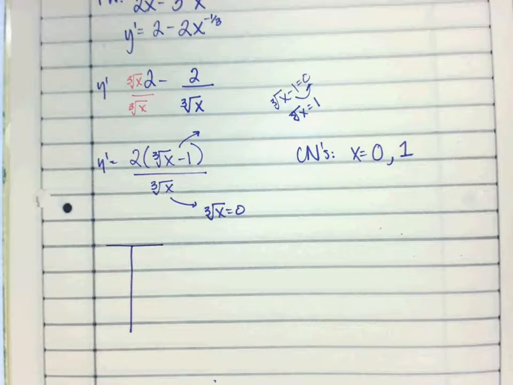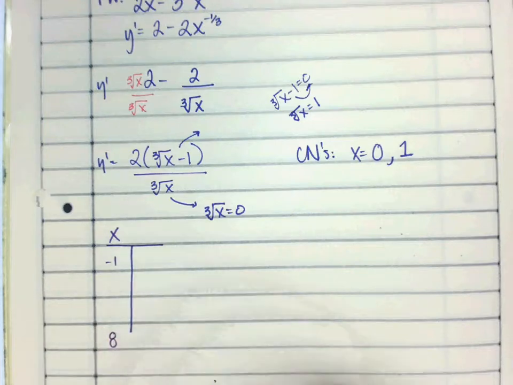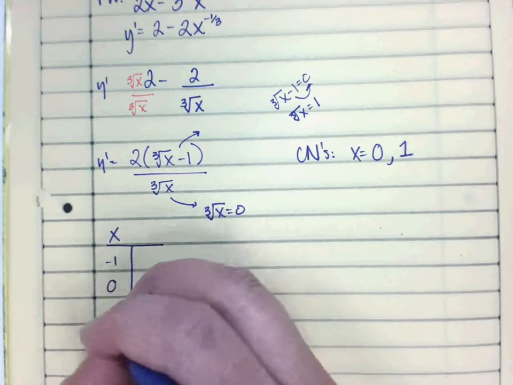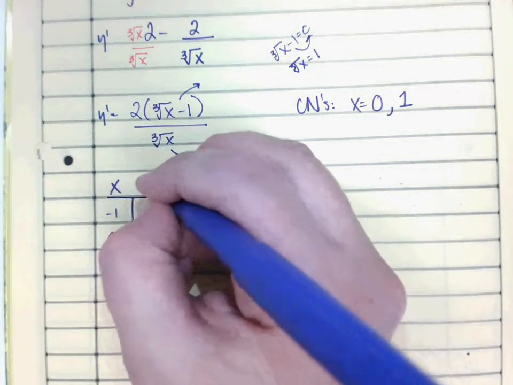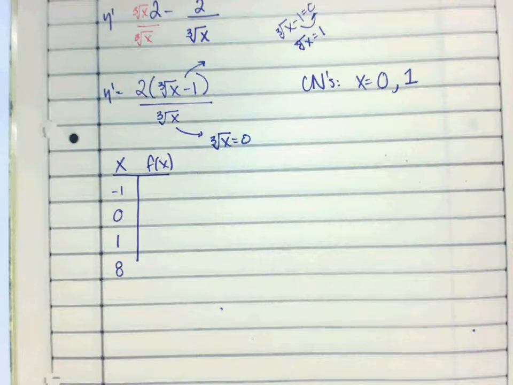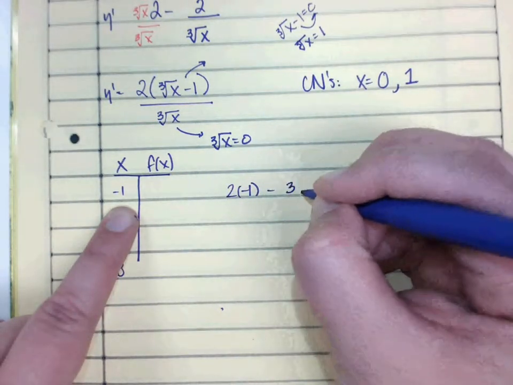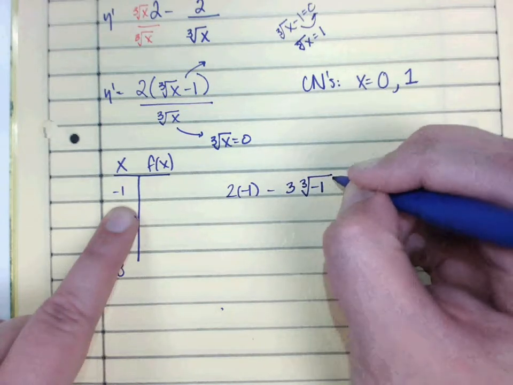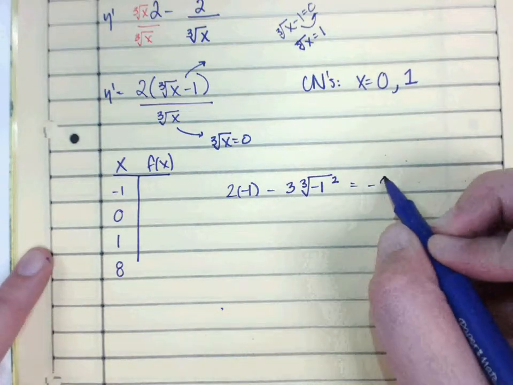Now, my endpoints are -1 and 8. What are my critical numbers? 0 and 1. And remember, you are plugging into regular f of x, not the derivative. So let's do -1 first. I have 2 times -1 minus 3 cubic root of -1 squared. 2 times -1 is -2.